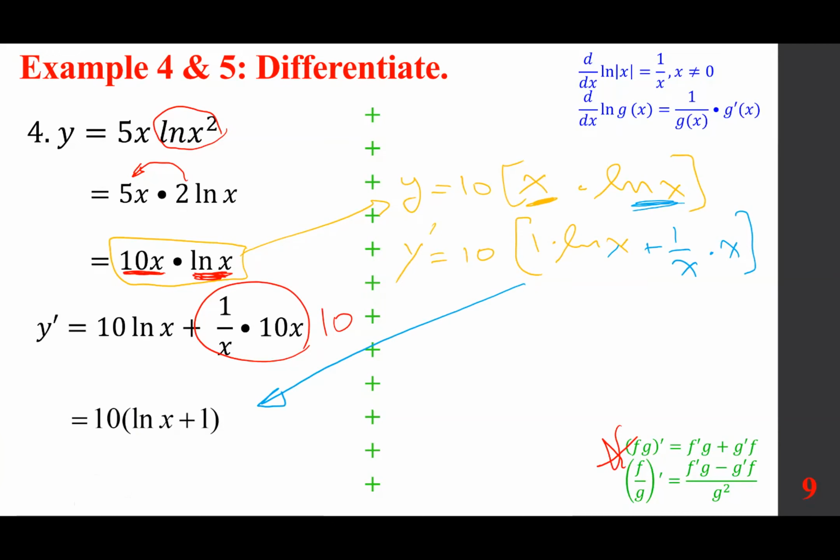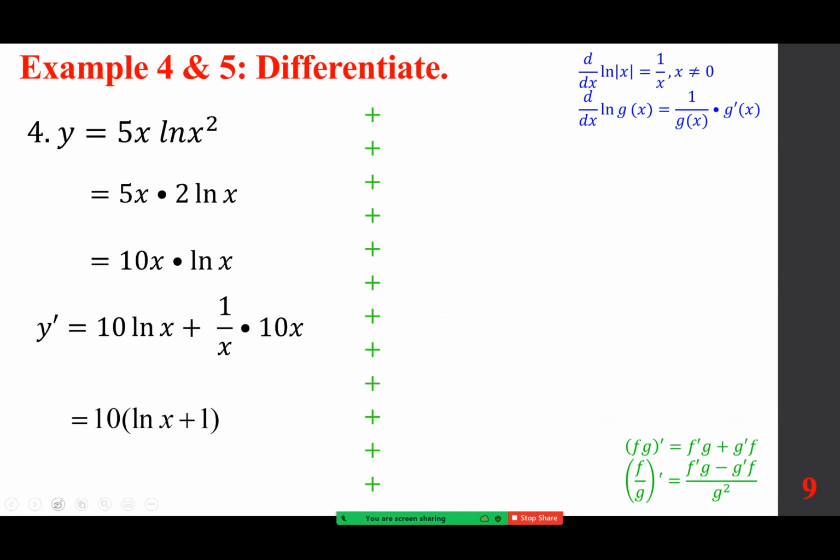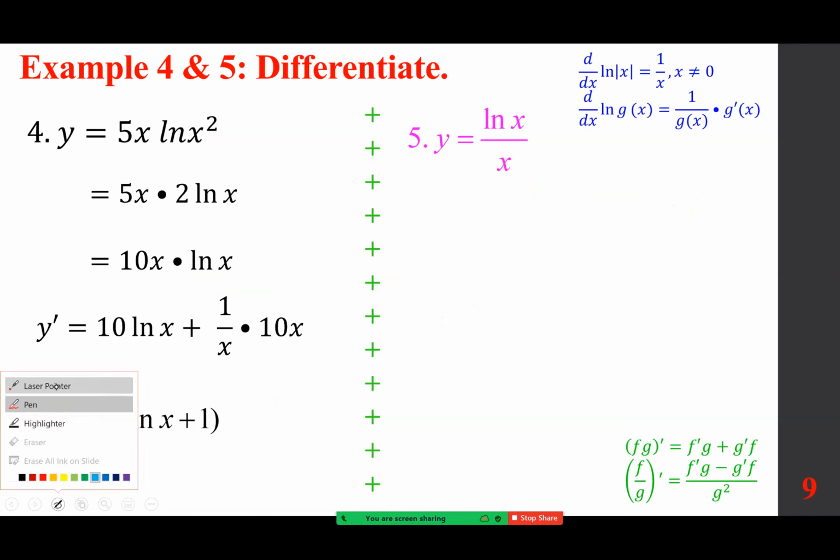All right, let's go to the next one. So let me clean it up. We want to differentiate this, and that means we are going to use the quotient rule. The top is f, the bottom is g.